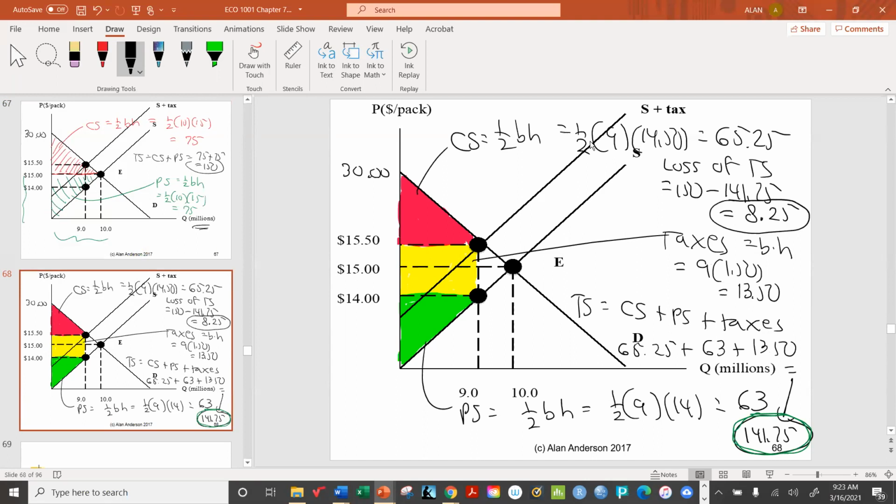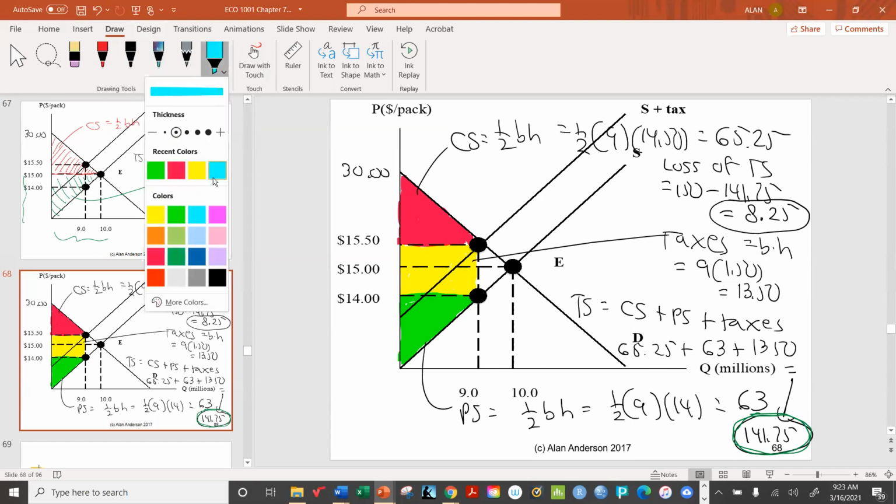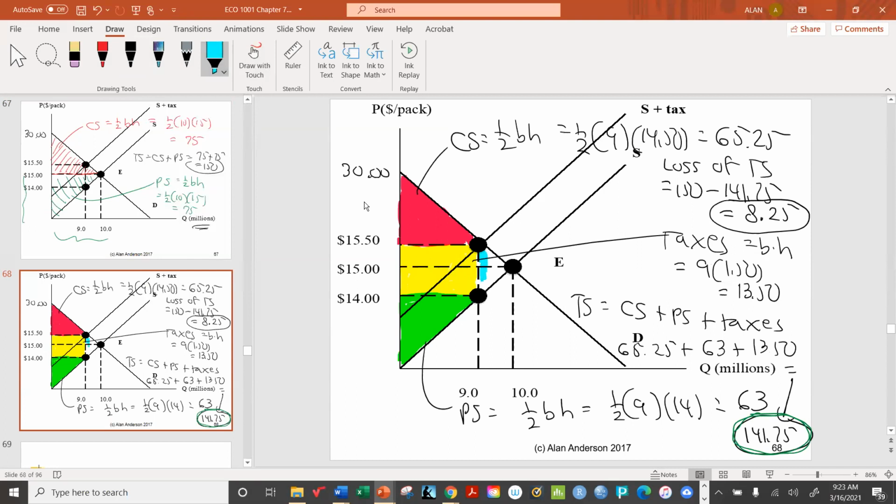This is what we mean by dead weight loss. Okay, dead weight loss. And on the graph, it appears here. So I'll just label that DW for DW loss, and that would be this area right here.